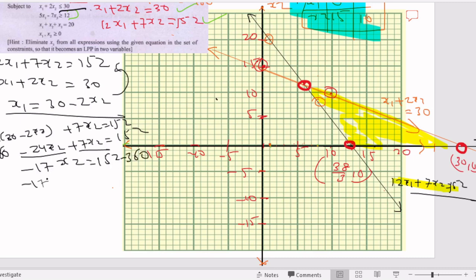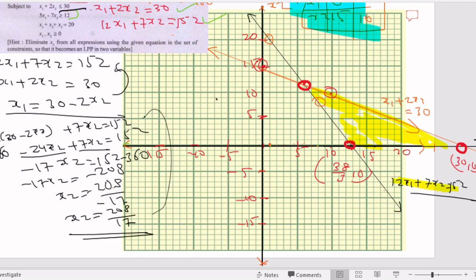So minus 17x2 is equal to minus 208, so x2 is 208 divided by 17, and we cannot divide this further.